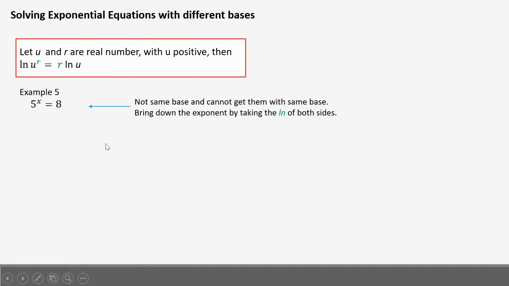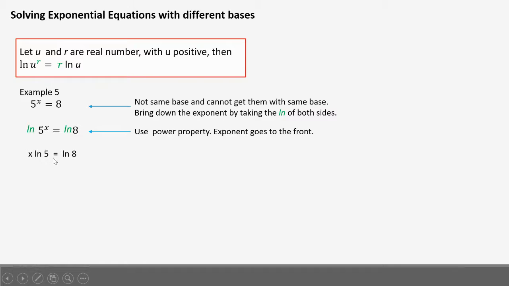Again, like in the previous example, we bring the problem down. Why do I put some space here? Because I'm going to put the ln on the left of both sides. So we take the ln, we take the ln. Now we can apply the power property, where the exponent goes to the front.